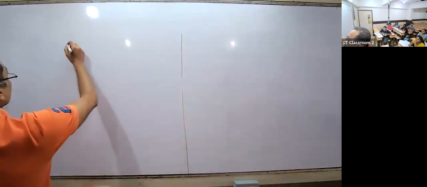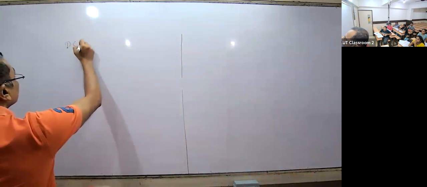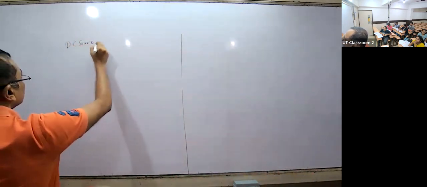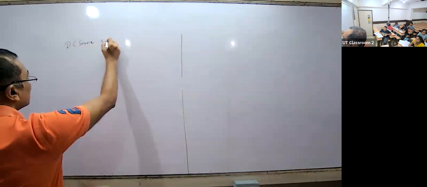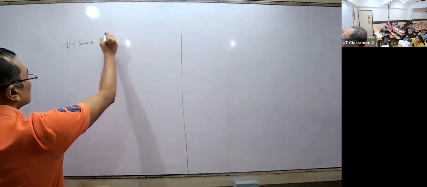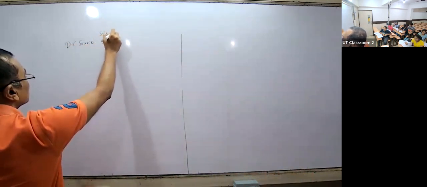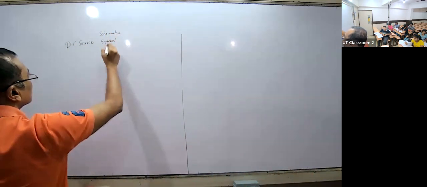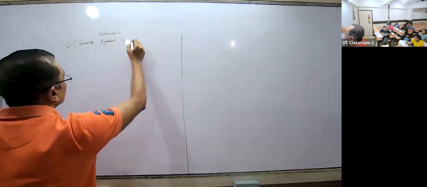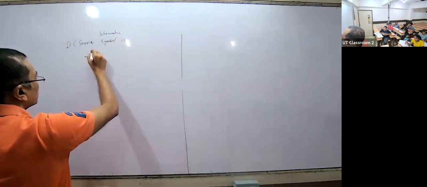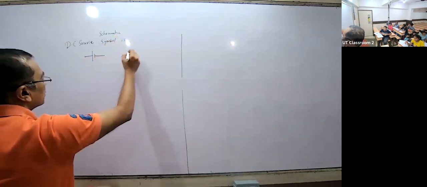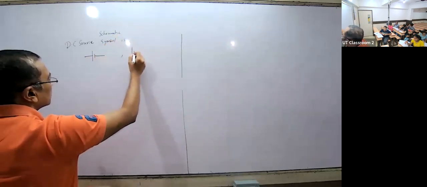The DC source symbol is called a schematic symbol. So this is a DC source. We have a cell and we have a battery.